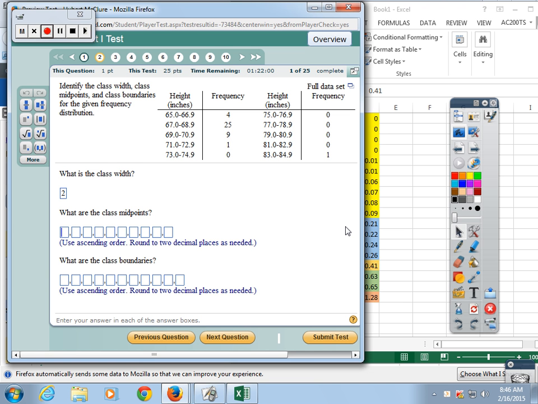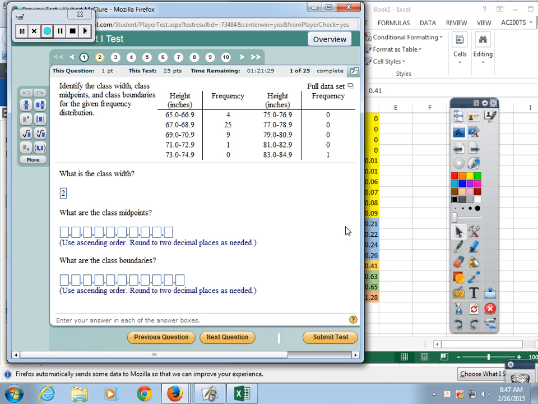Well, take your calculators out. 65 plus 66.9 comes out to be what? 132. Half of 132 is 66.5.